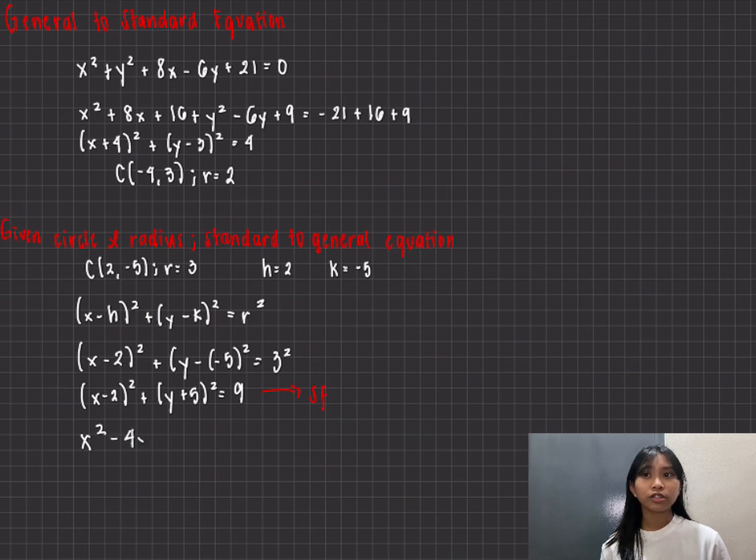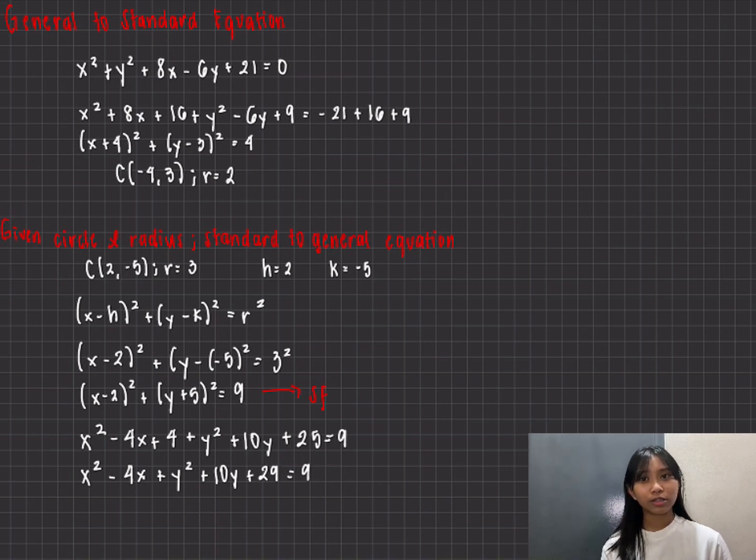After, you will just do it again. So y times y, then 5 times y, which gives us 10y, plus 5 times 5, that will be 25, equal to 9.